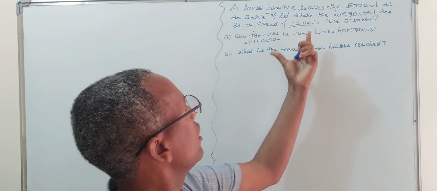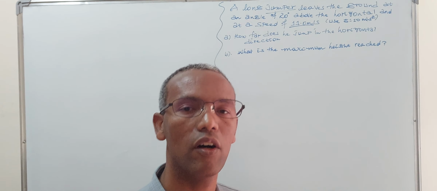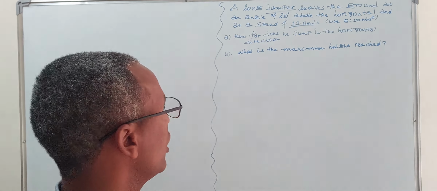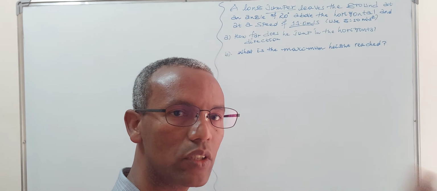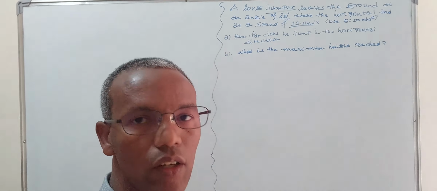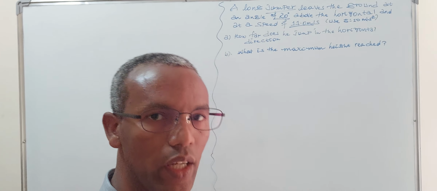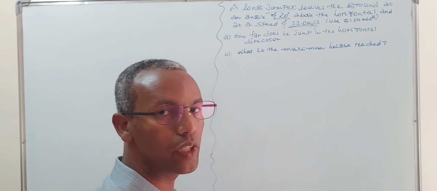To calculate this, you need to understand the basic scenario of this jumper. The jumper jumps from the ground with an angle of 20 degrees and a speed of 11 meters per second.